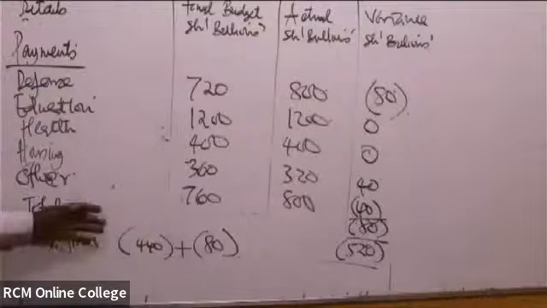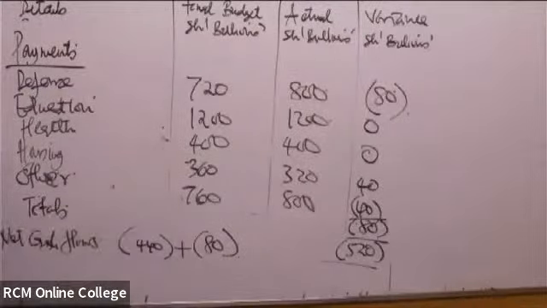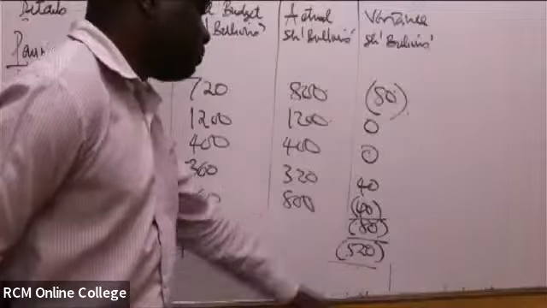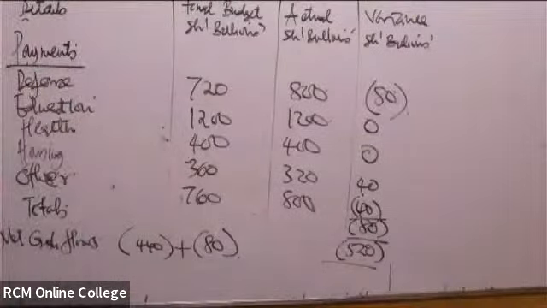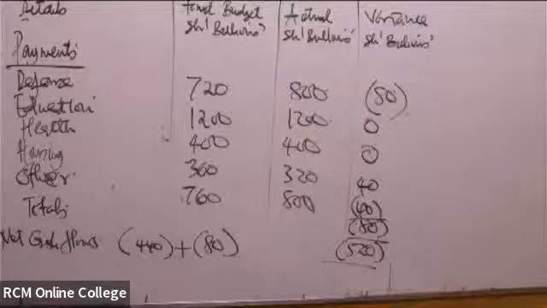So you'll still continue to go in the negative. So that in this case will be the net cash flows for this particular Ministry of Finance.